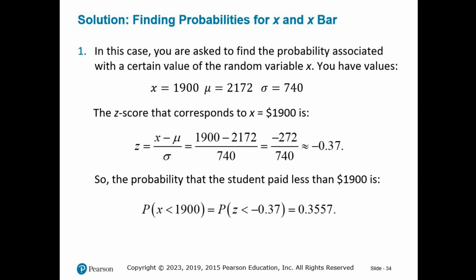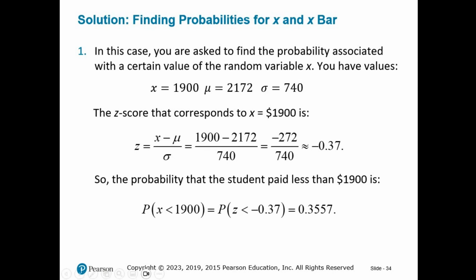Then 99, then enter, or you may have to use commas if your calculator does it that way. Then negative 0.37 as your upper limit. Then enter as many times as you need to calculate, or you may have to close parentheses and then enter, and you should get about 0.3557.